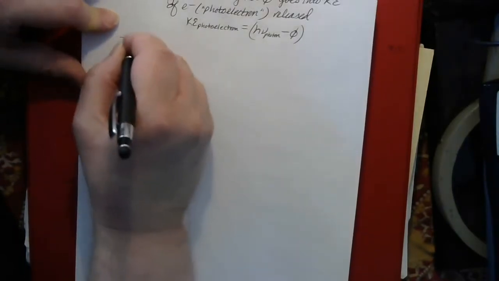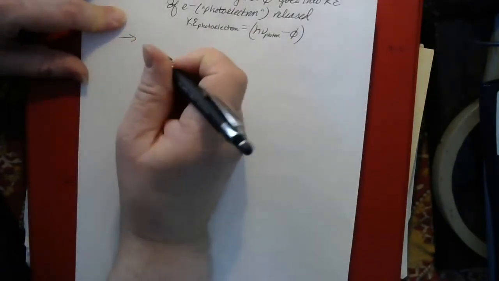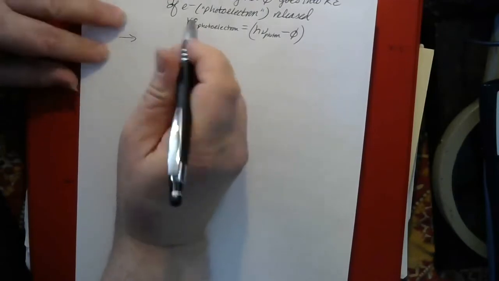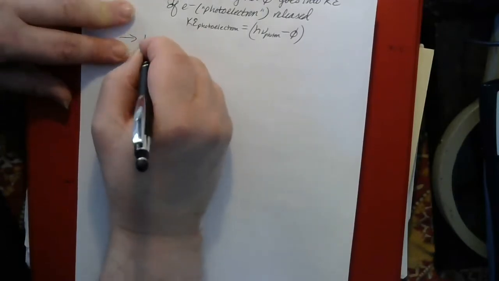Okay, so that makes sense. If you add more energy than you need to dislodge the electron, then the extra energy just goes into making the electron move away faster. And because of all of this, we conclude that light must have some properties of waves and some properties of matter.